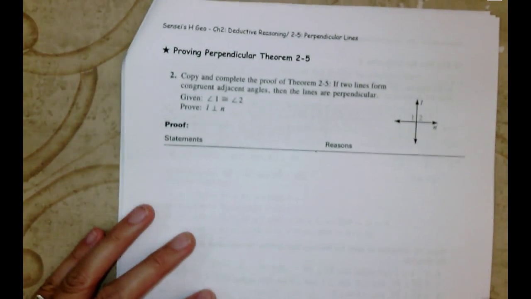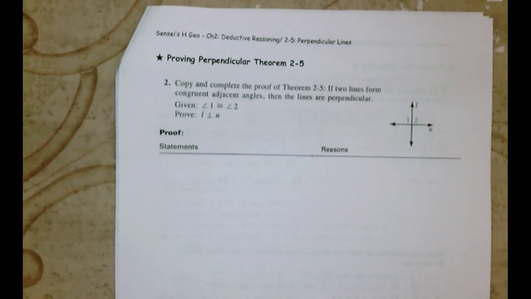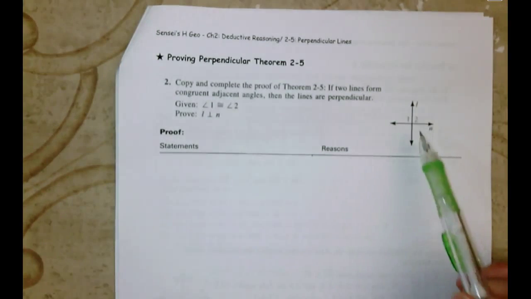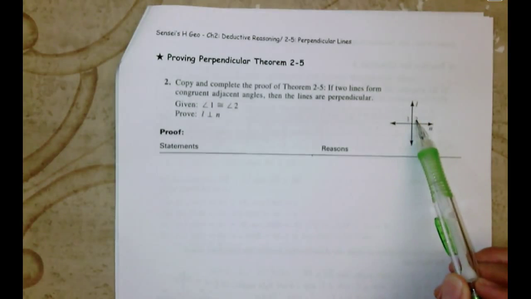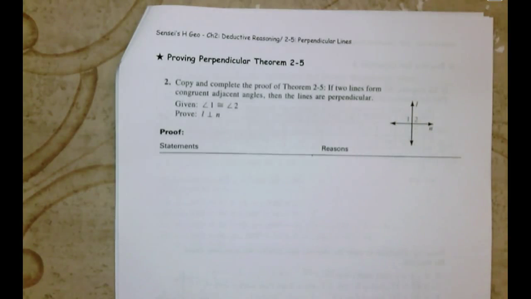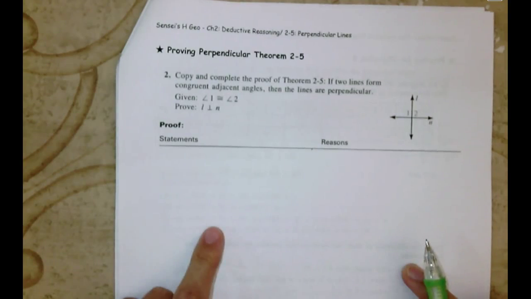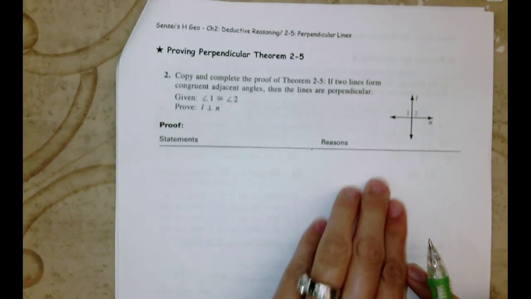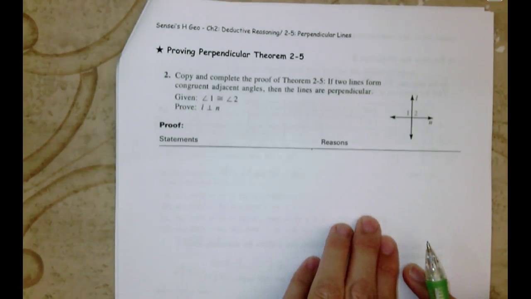And here is theorem 2-5. In theorem 2-5, you have to prove the converse of it. So if these are congruent adjacent angles, these lines are perpendicular. This one is a little trickier, so I'm going to do the statements and you do the reasons as homework, okay?